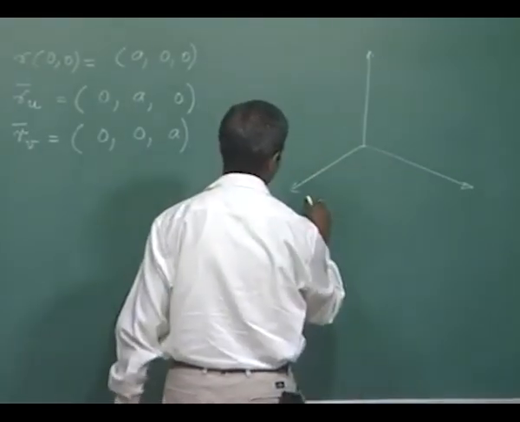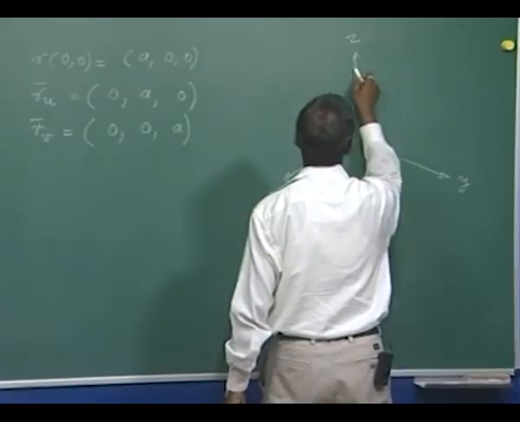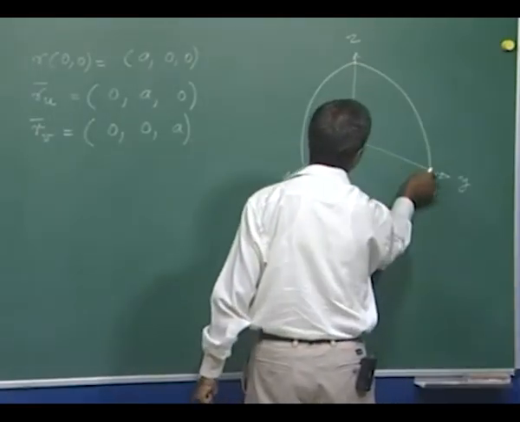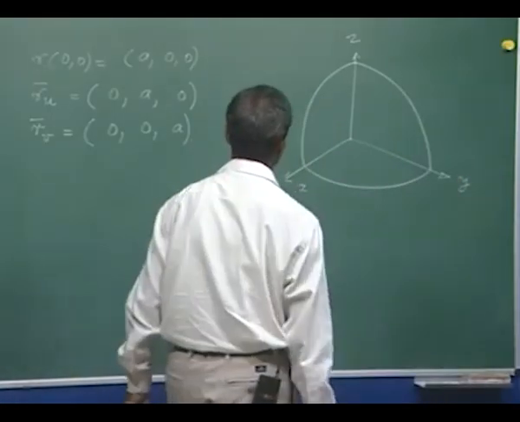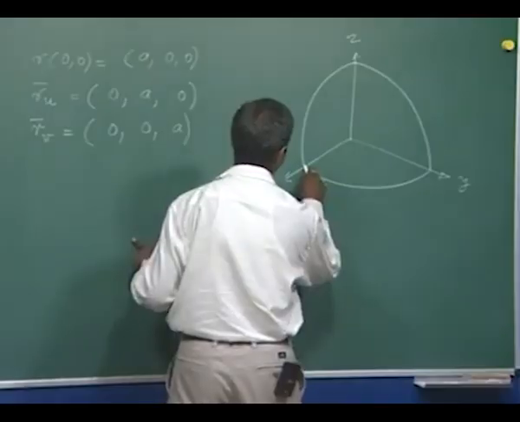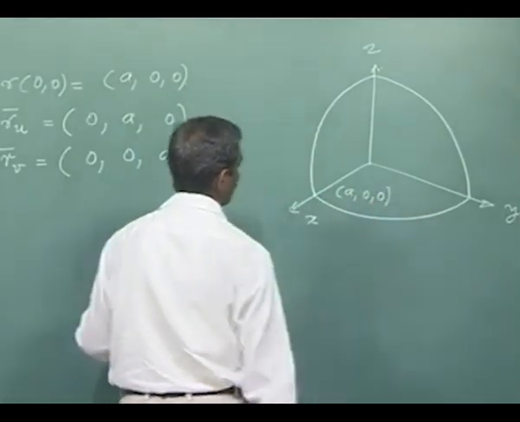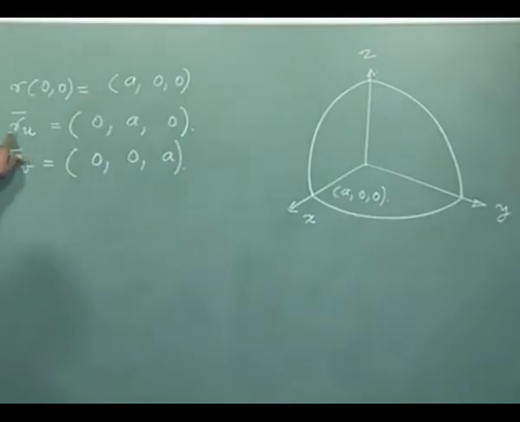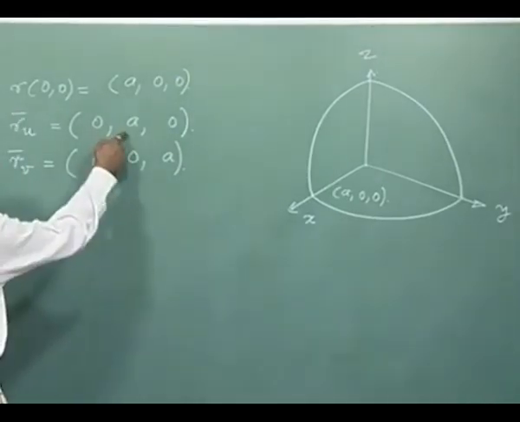Let's get some geometric perspective here. So this would be the portion of the sphere, and it is at this point (a,0,0) that we are trying to compute the two tangents. The first tangent r_u here will be along the y direction, (0,a,0).